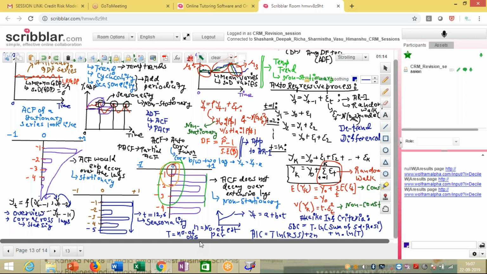So these are some of the important variables, some of the important pieces of information that we have.